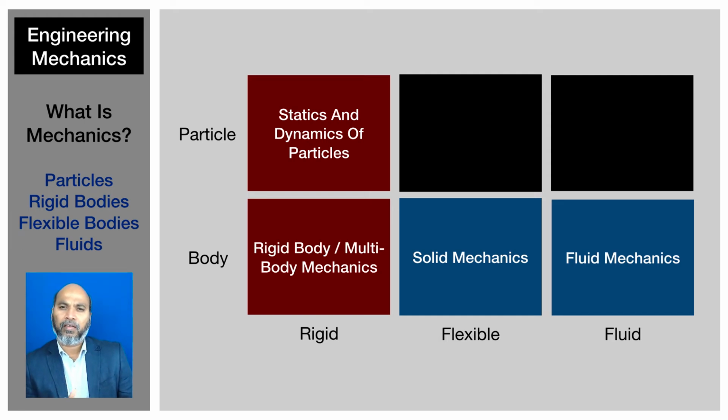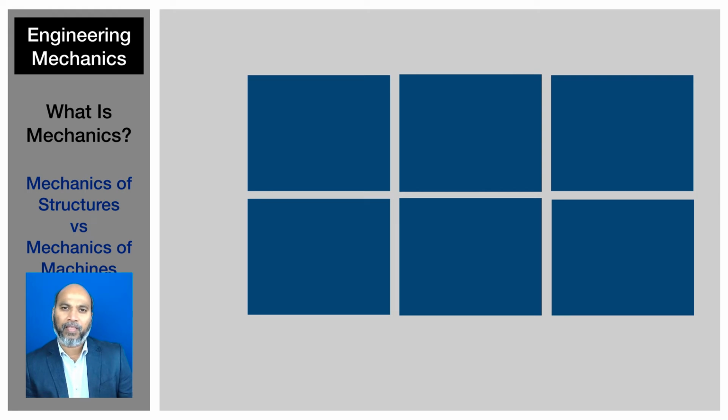Now, let's consider rigid body mechanics, whether it is a particle or a finite-sized body. Let's consider those two red ones and split them up a little bit further, right? So I've got 6 more blocks here to consider. The first column is particle, the second column is a single body. So instead of calling it a body as in the previous case, we are saying single body as opposed to multi-body, where multi-body means there are multiple bodies interacting with each other.